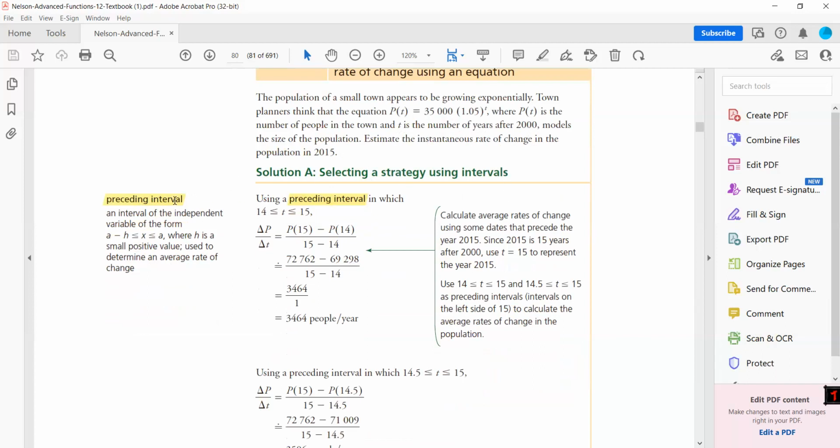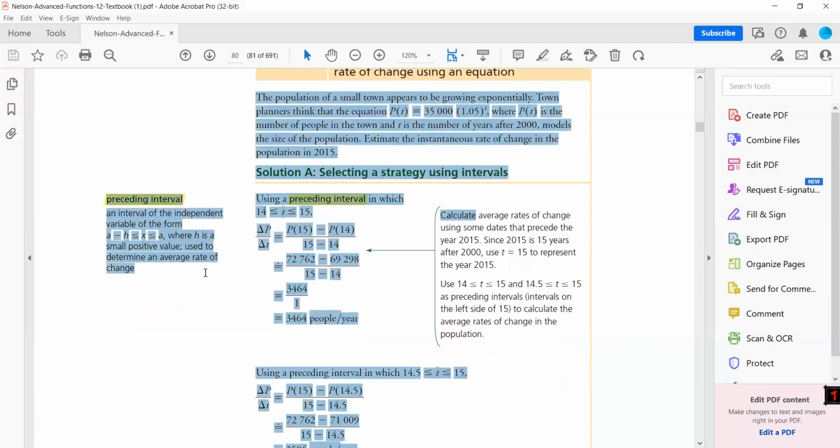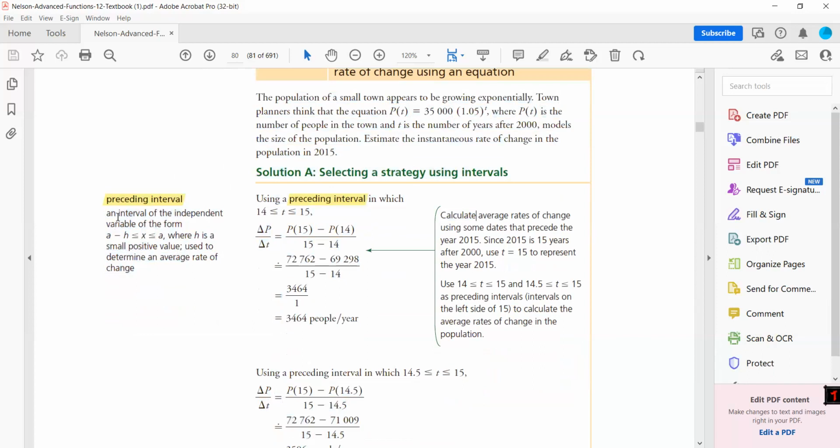So let's take a look at the definition of the preceding interval first. The interval of the independent variable, where h is a small positive value, used to determine an average rate of change. So you can see here h, this is the small step that I was talking about at the very beginning.